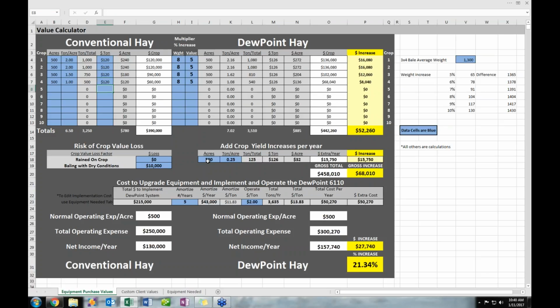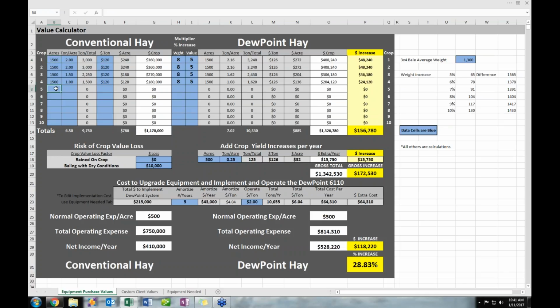We'll leave our weight the same, but let's increase the acres, because I'm sure many of you know a farm or two that has at least 1,000 acres or maybe even a 1,500 acre farm. A 1,500 acre farm typically is going to have at least 2 balers.